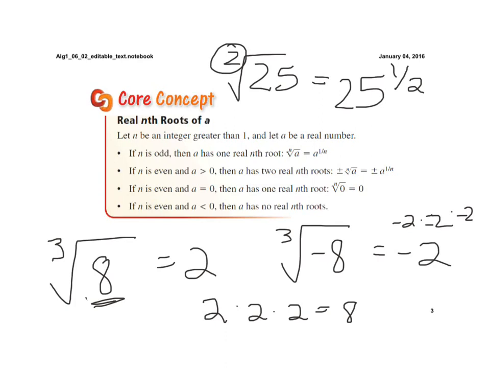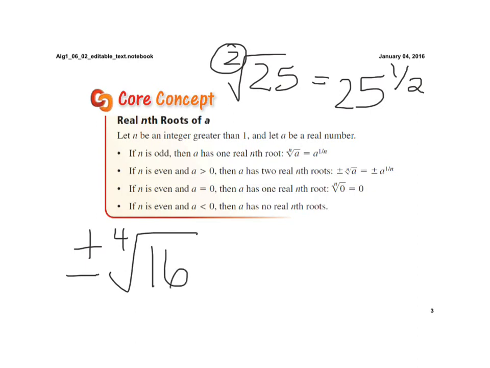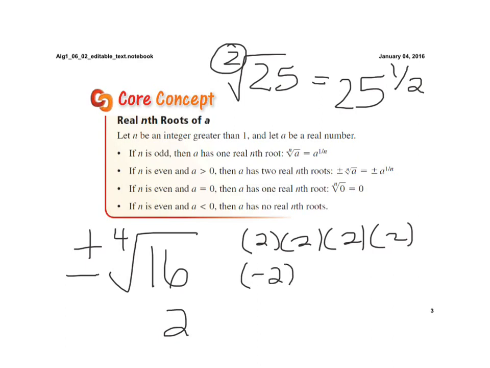All right. Now, we look at the second one here. It says if n is even and a is greater than 0, then there are going to be 2 real nth roots. And so if it's written as plus or minus, say, the 4th root of 16, well, because 16 could be 2 times 2 times 2 times 2, then the 4th root of 16 is 2, but it also could be negative 2 times negative 2 times negative 2 times negative 2.